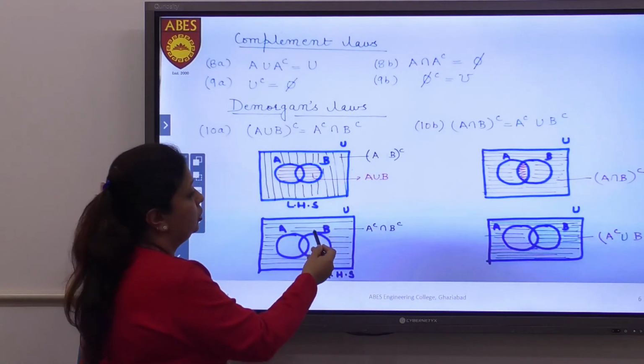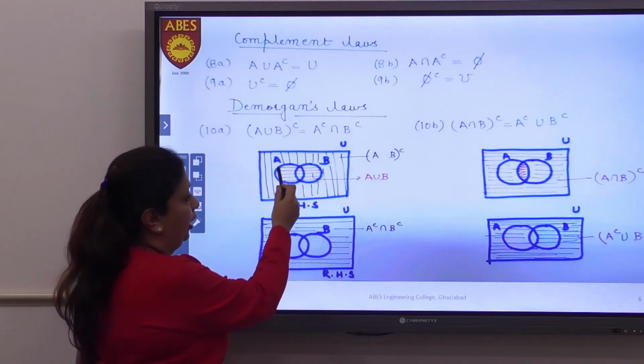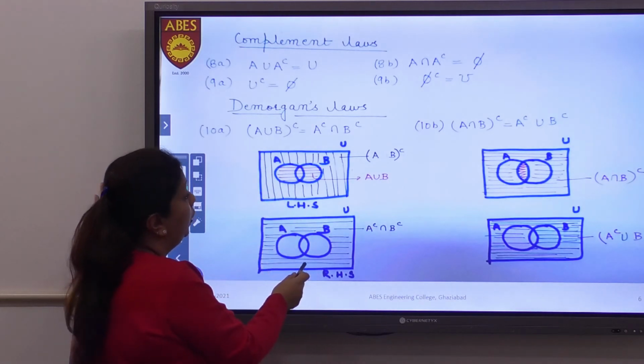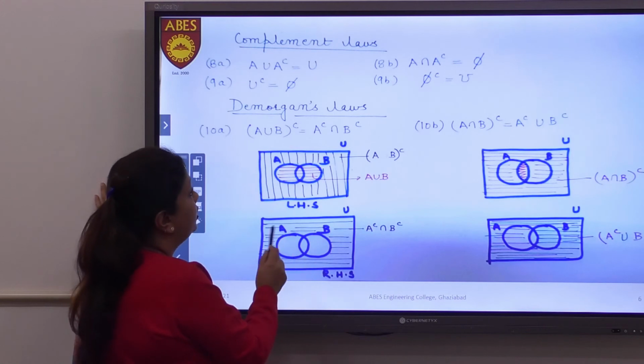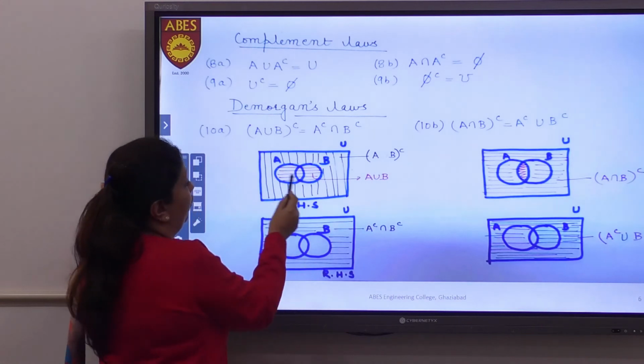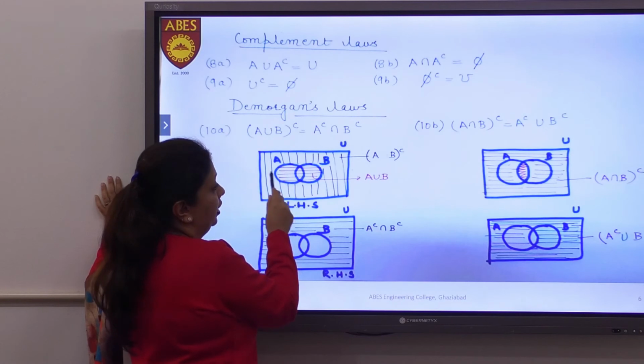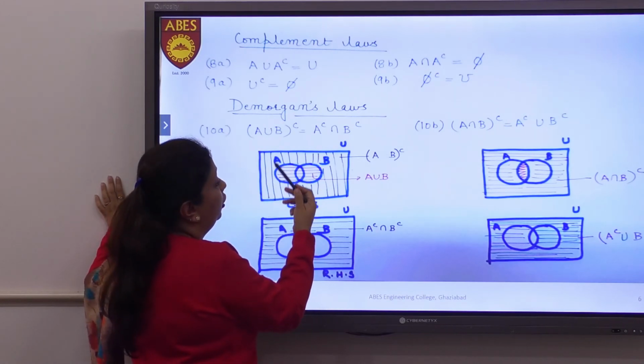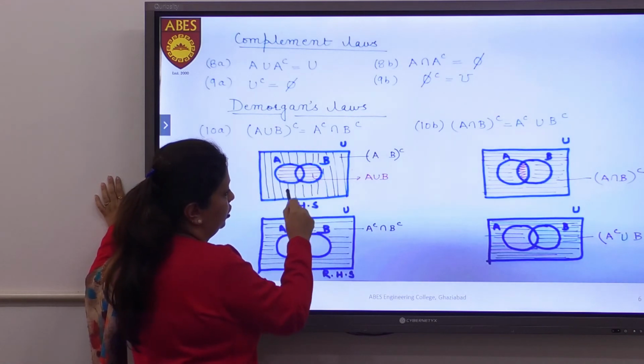To verify these laws, we have again used two Venn diagrams. The first one shows the left hand side and the second one shows the right hand side. So what is the area which is depicted? If I take the union of these two sets, I get this horizontal lines area. When I take the complement, I get the area outside.